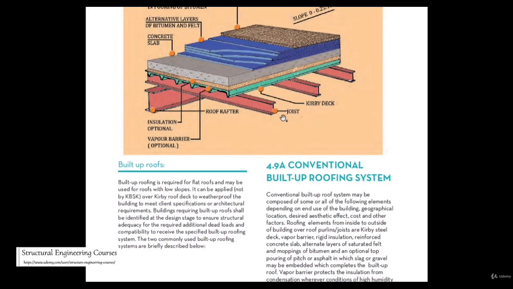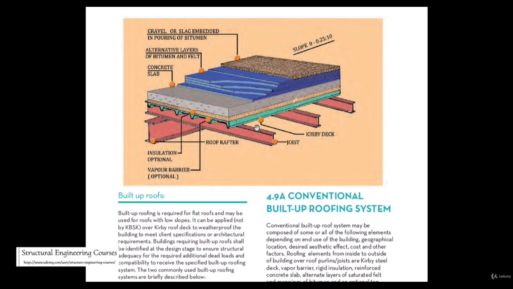This is a typical arrangement of a built-up roof. So what they do is they install the steel beams here. On the top of the steel beam they install the joist, and on the top of that they install the Kirby deck system, and on the top of that Kirby deck system they install this vapor barrier and insulation panel, because sometimes we need to provide insulation to the bottom.